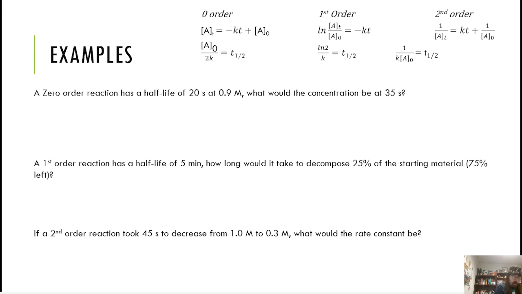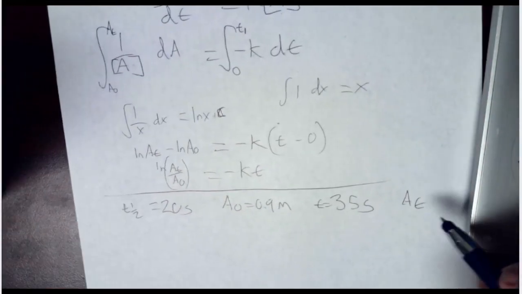We have a 0 order reaction with a half-life of 20 seconds when A sub 0 is 0.9 molar. What would be the concentration after 35 seconds? So let's look at that. We're looking at the change in concentration with time.